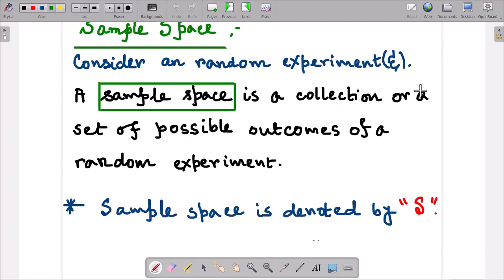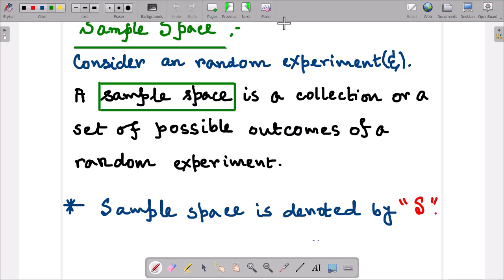Sample space. Consider a random experiment. Now, a sample space is a collection or a set of possible outcomes of a random experiment. What that means? In the random experiment, the possible outcomes are known in advance, and that collection of possible outcomes is called sample space.